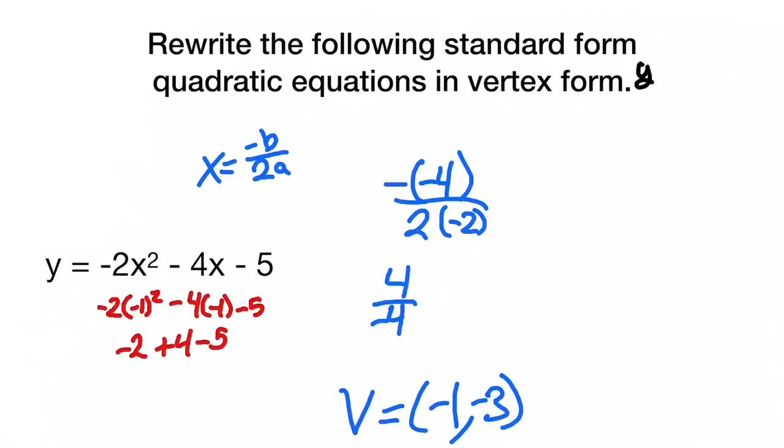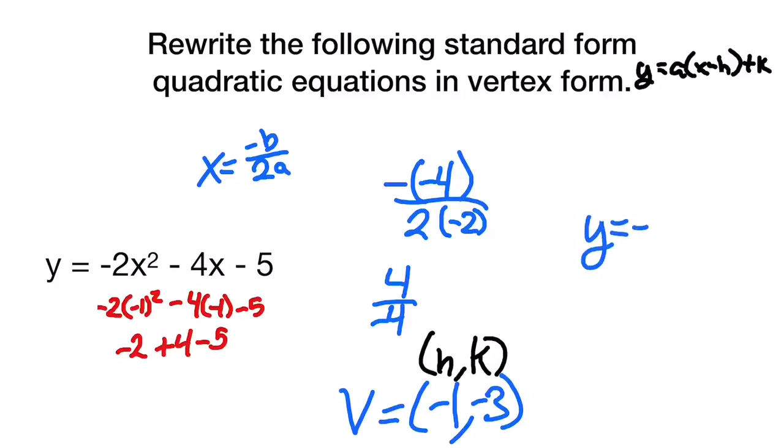Reminder, vertex form is y equals a times (x minus h) squared, h, by the way, being the x value in the vertex, plus k, which is the y value in the vertex. So at that point, y equals, our a value is negative 2 times (x minus, in this case, negative 1, so that becomes plus 1) squared, plus negative 3, so minus 3.